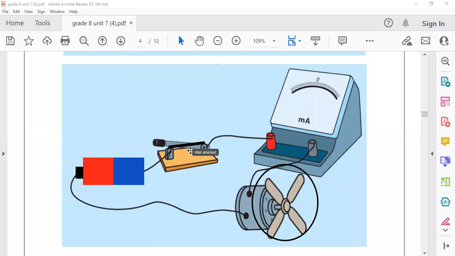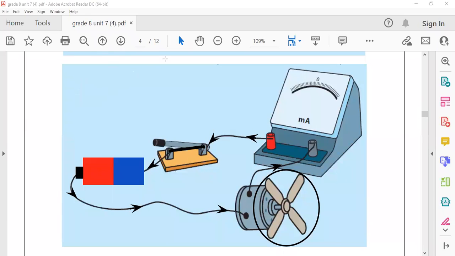Now, if you close the switch like this, how will the current flow? Now current will flow this way, go through this, come through this, and end on this, correct? Am I right? Yes, sir.